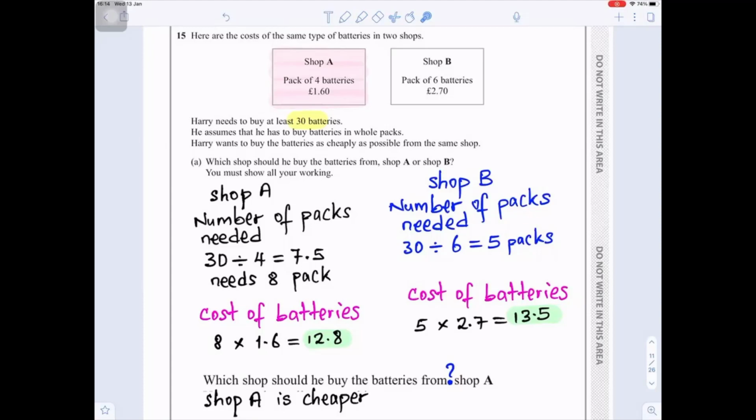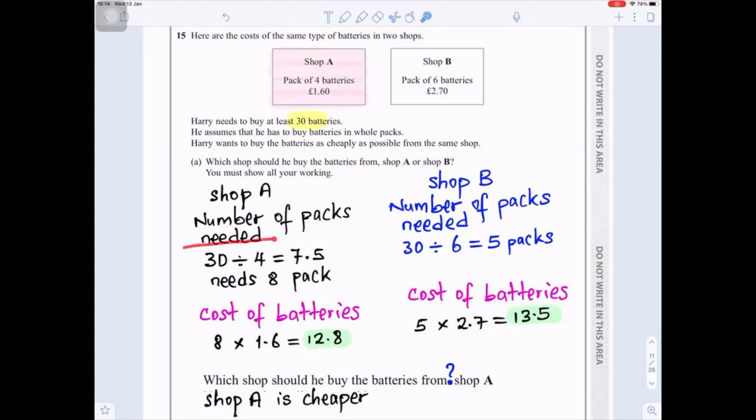To do this type of question, it's important to divide your paper into two sides, where one side is for shop A, the other side for shop B. You find out the cost for shop A and the cost for shop B and compare which one is cheaper. So shop A will be on the left side.